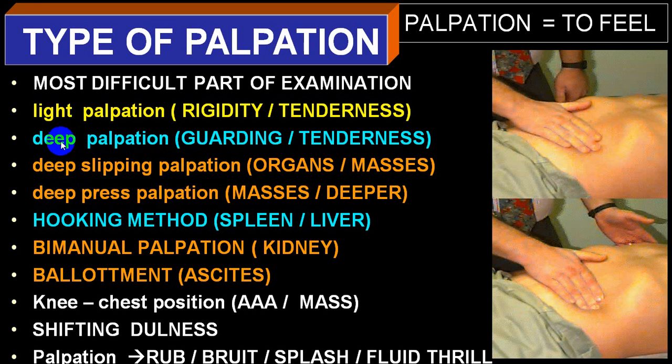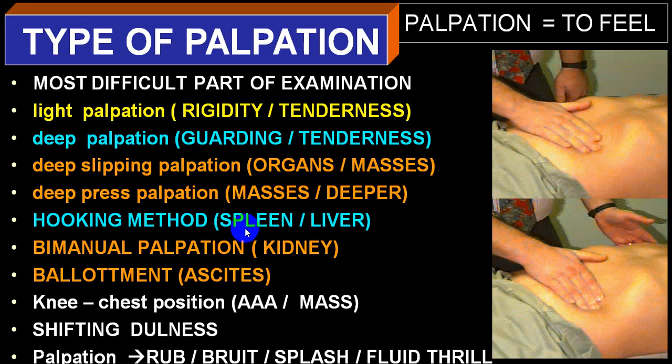This is nothing else. It is a slightly altered method of deep palpation. The name is just changed, but by and large, you will be able to do the deep palpation properly. And if you do the deep palpation properly, you will be able to identify whether the specific organ is enlarged or there is a deep mass.